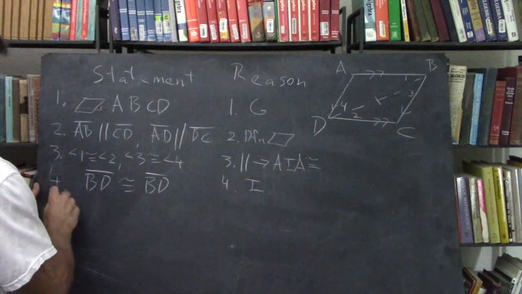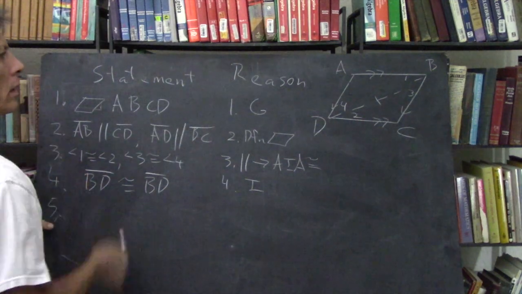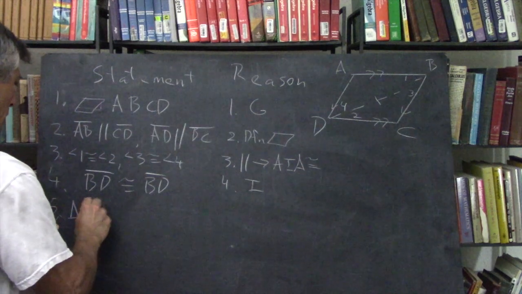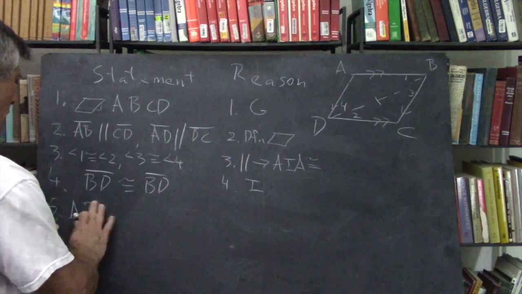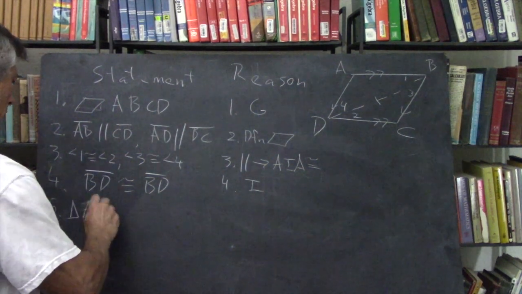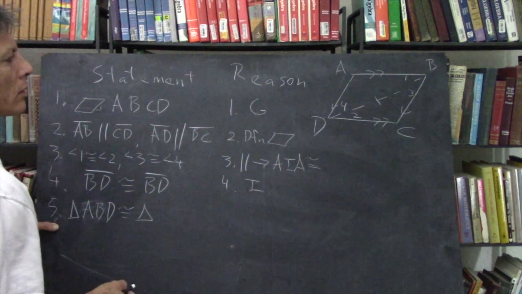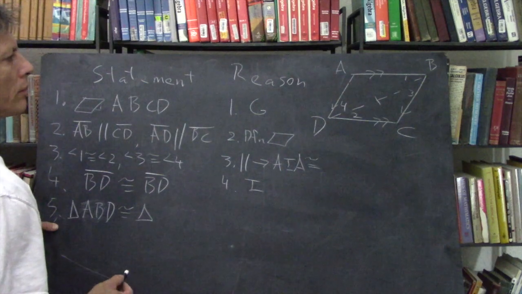And then we know triangle ABD is congruent to triangle CDB.